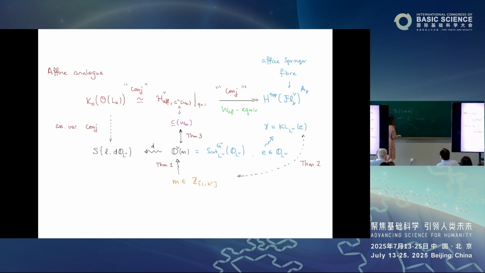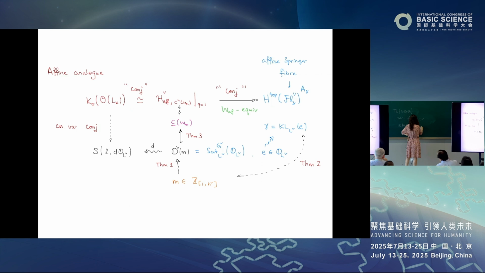And then in this case, the irreducible representations of the simple affine Lie algebra have been classified by Kac and Wakimoto. And then let's say O of this L_kappa, and we can show that this is the same as H top of an elliptic affine Springer fiber, and this is the homogeneous one.